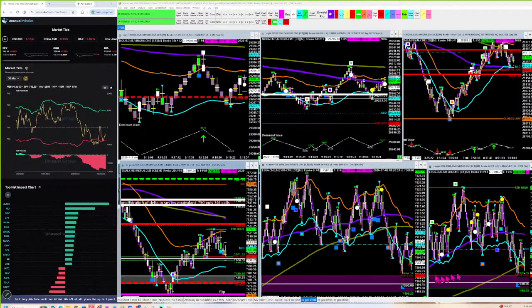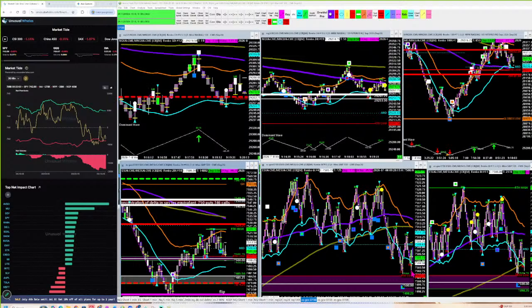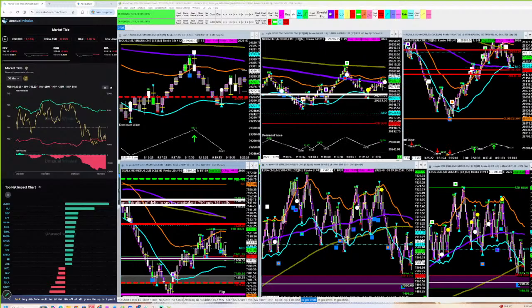If I was going to say we're going to bounce off of here, which I'm not saying, and I'm not taking this trade, I would take the green bar up at the higher low and just take the stop on it if I was wrong. That is not the trade I'm taking, to be utterly clear. I'm just saying that's the bar I would look for. But we haven't taken any punishment here at all in the market.